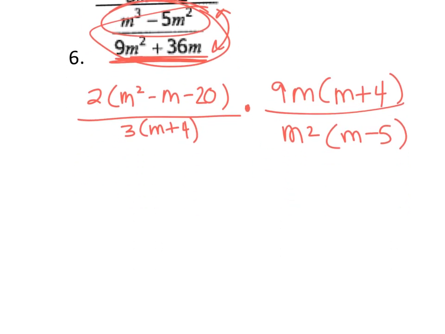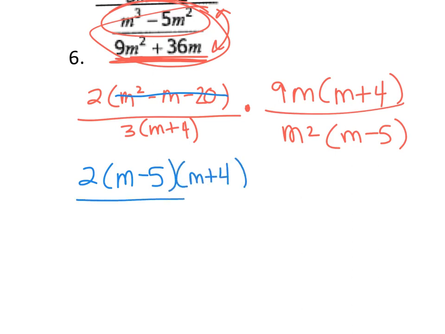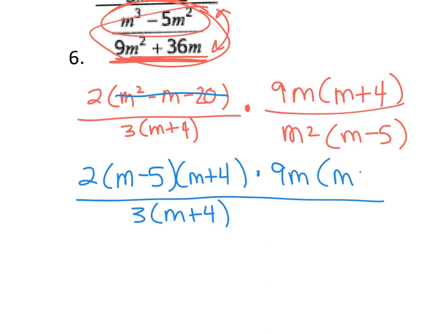So looking more carefully at this one, I can actually factor this out to be 2 times m minus 5 times m plus 4, and then this will be 3. I guess I'm just going to write this over again. 3 times m plus 4 times 9m times m plus 4 over m minus 5 times m squared.